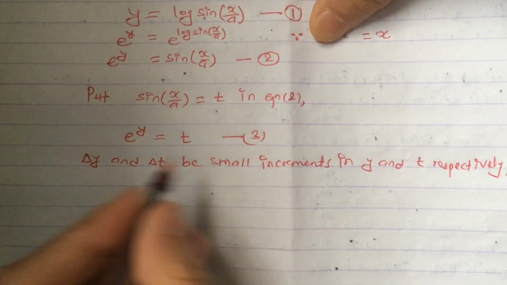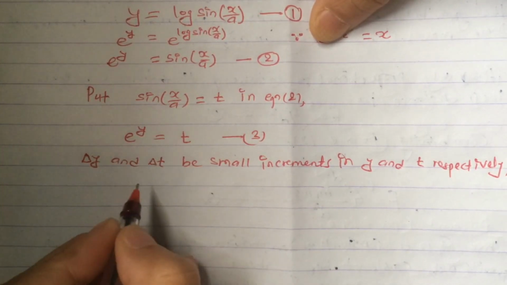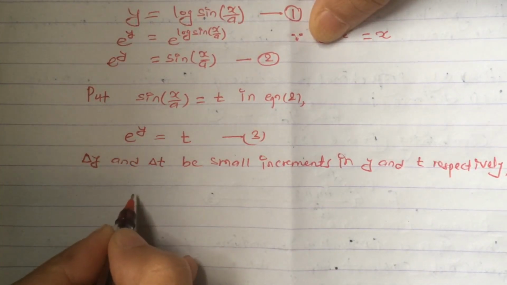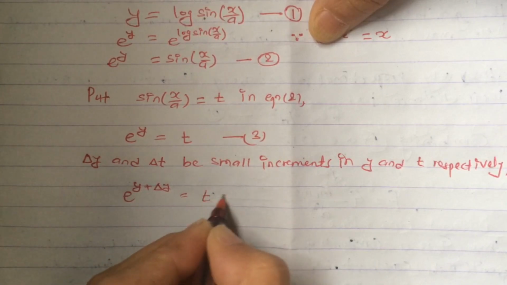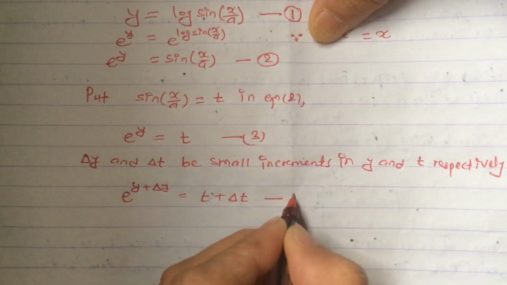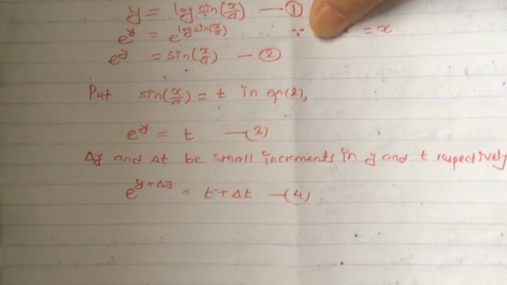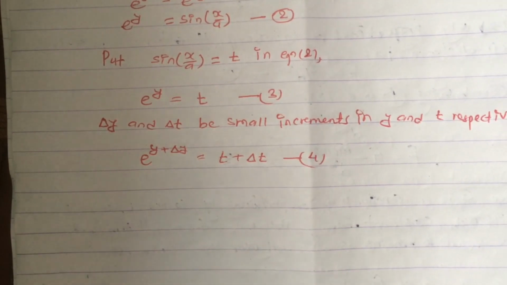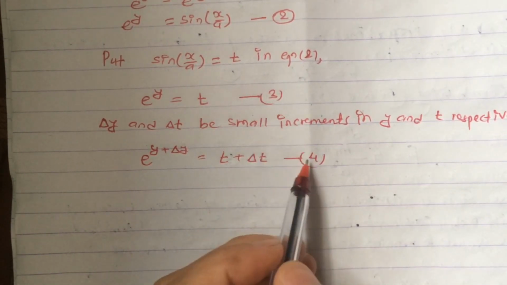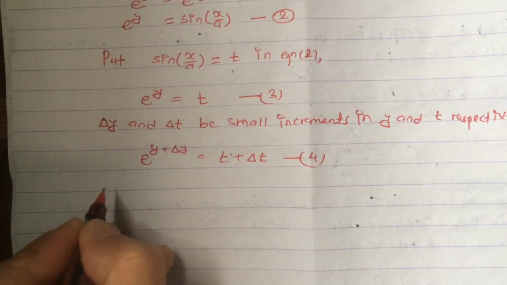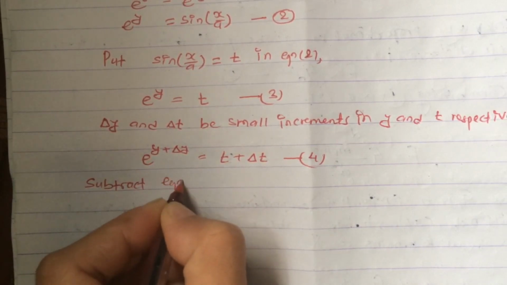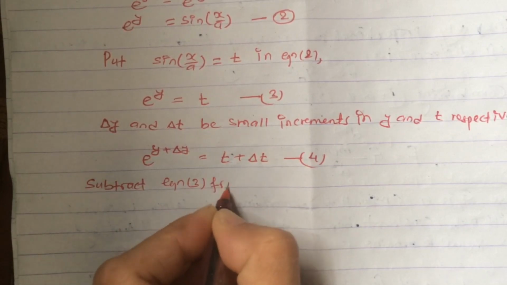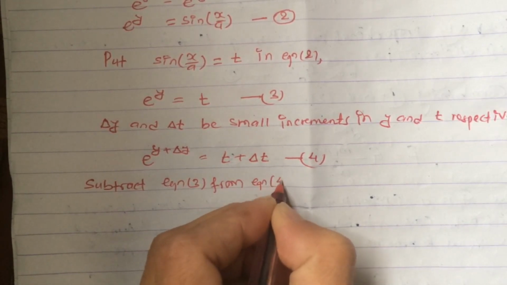Then we can write equation 3 in terms of del y and del t as e^(y plus del y) is equal to t plus del t. Let this be equation 4. Now we have to subtract equation 3 from equation 4.